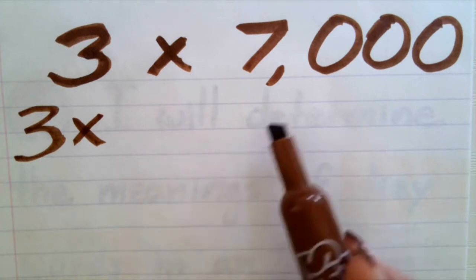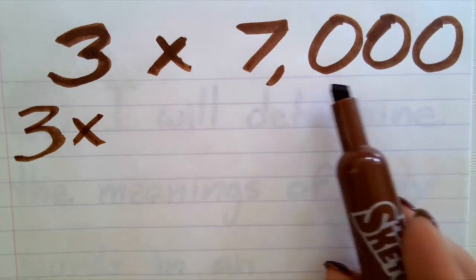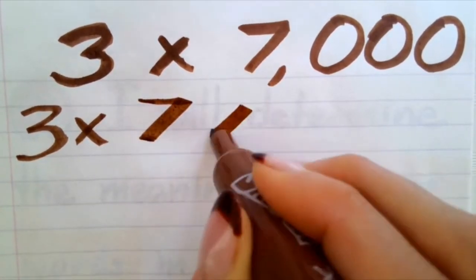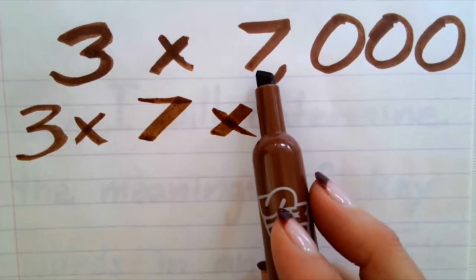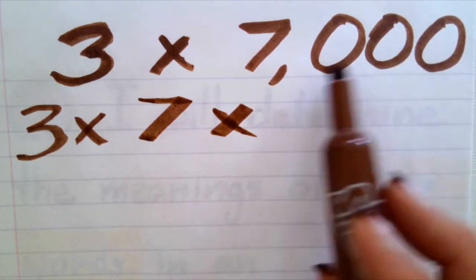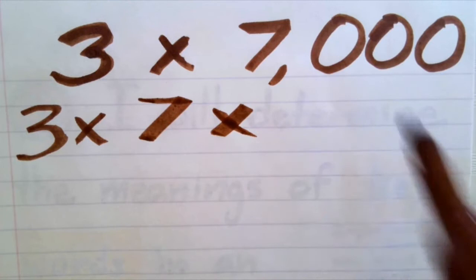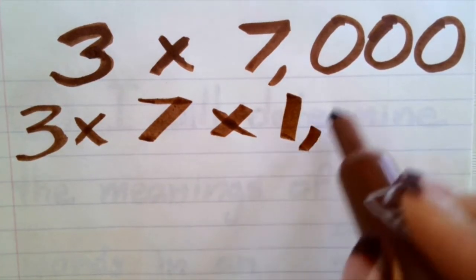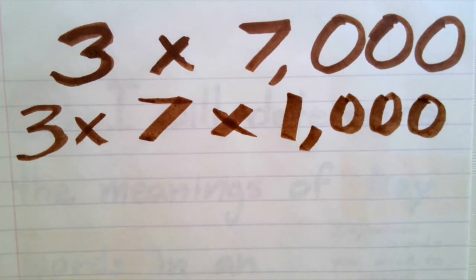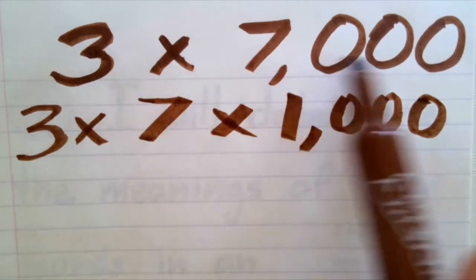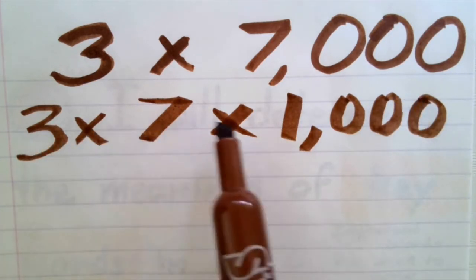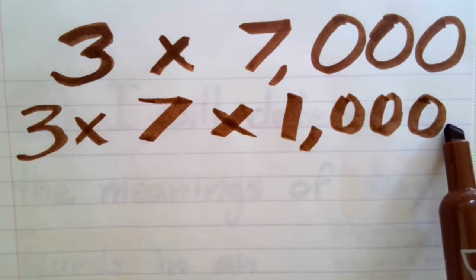We're going to break it up. 7 times something. 7 times what is 7,000? Remember, it is a multiple of 1,000. So 3 times 7,000 is the same thing as 3 times 7 times 1,000.